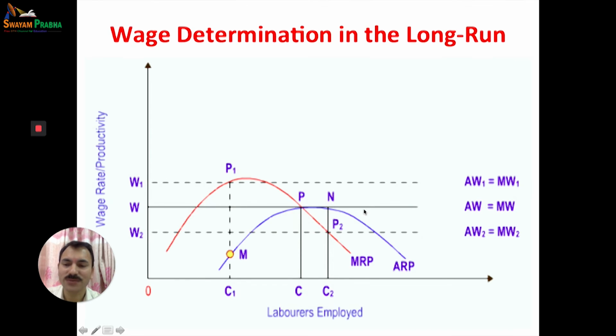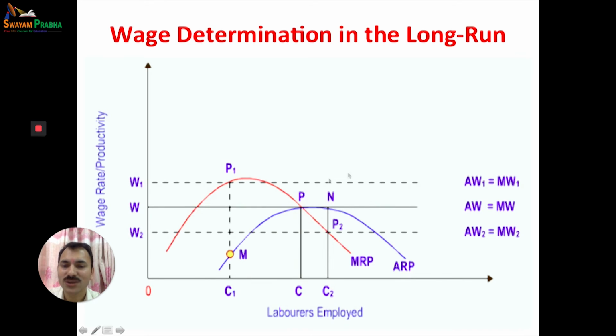We have studied that where AR is equal to MR, MC cuts MR from below. But here, average revenue product is equal to the price of the factor of production which we are paying, and this is the marginal revenue product. In the commodity market, we discussed that AR is equal to MR, MR is equal to MC, and MC cuts MR from below.